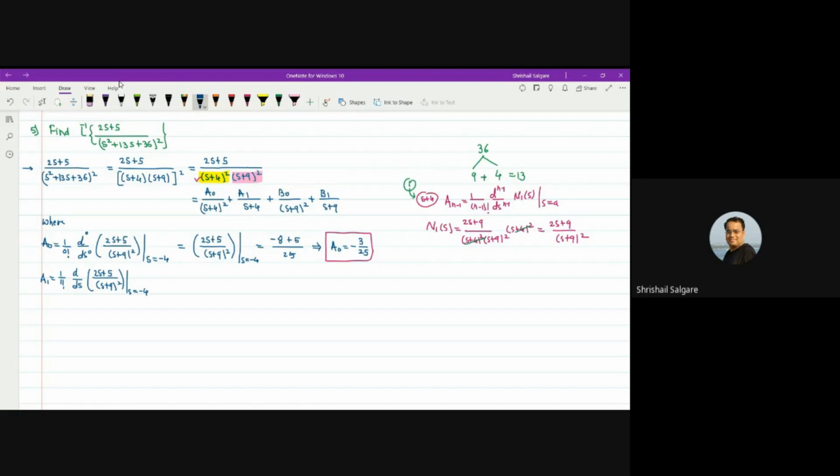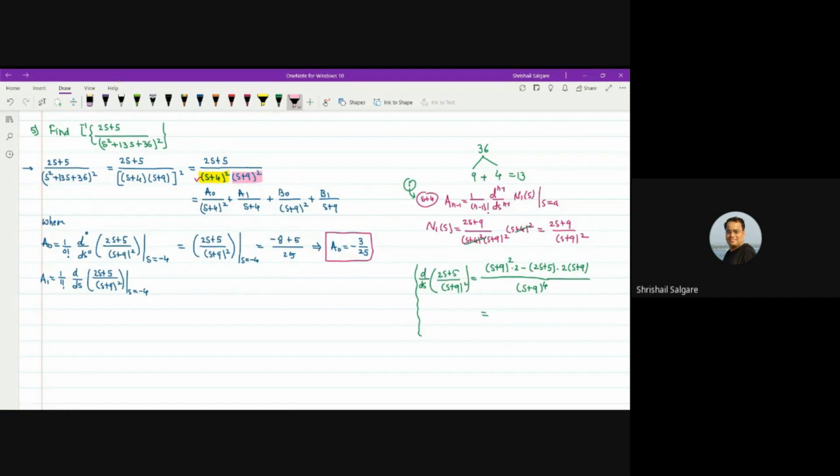By the quotient rule: (s plus 9) square into the derivative of the numerator, minus (2s plus 5) into the derivative of the denominator, which is 2 into (s plus 9), divided by (s plus 9) to the power 4.